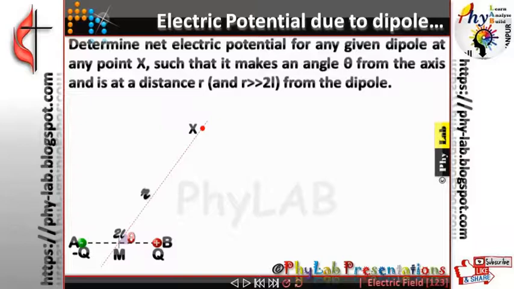Now I am going to directly state the result that we have derived in that particular expression.